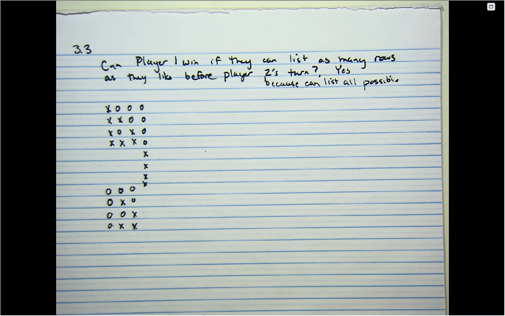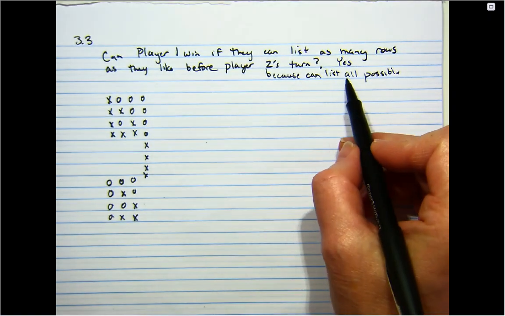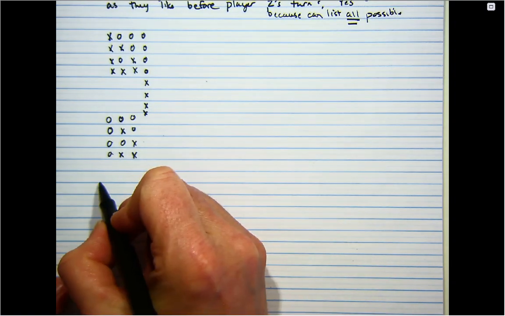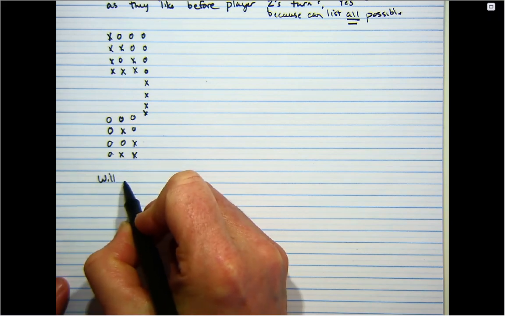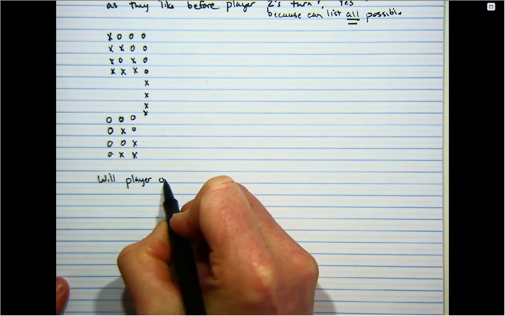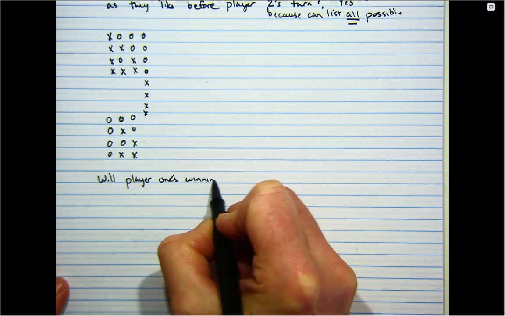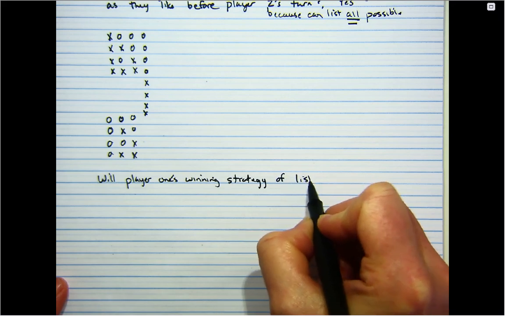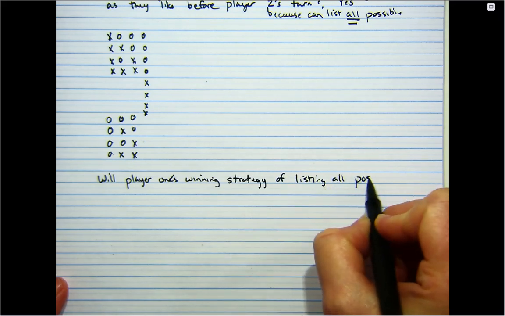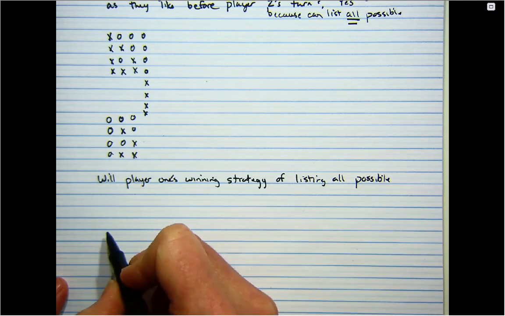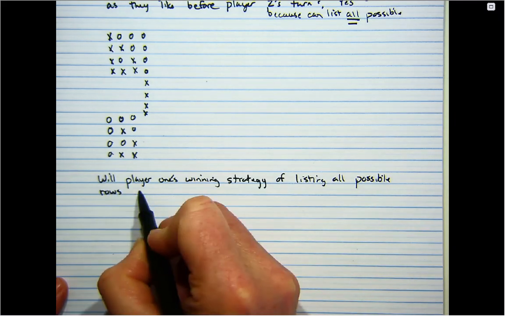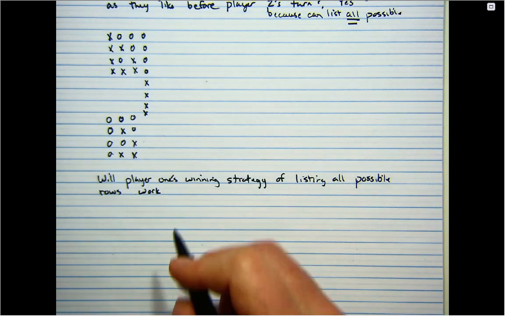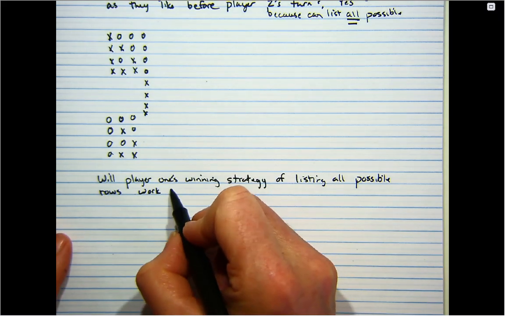Well, let's make it a little harder. How about this: will player 1's winning strategy of listing all possible rows work if the board has infinite rows and columns?